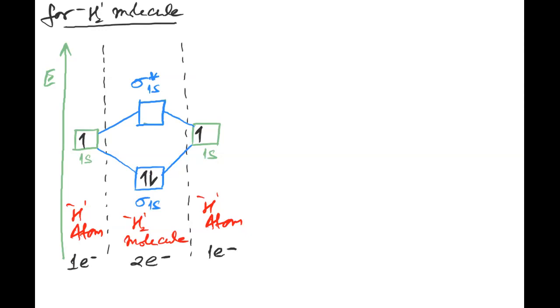So the overall electronic configuration of H2 is sigma 1s2, sigma star 1s0. So electrons are present in the bonding MO: the number of electrons in the bonding MO is 2, and the number in the anti-bonding MO is 0.